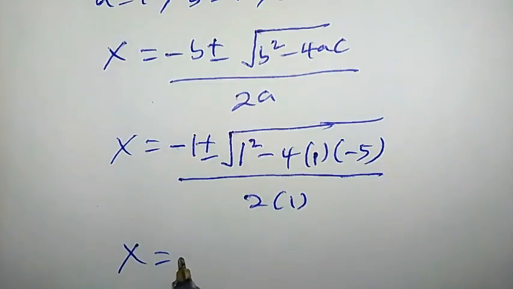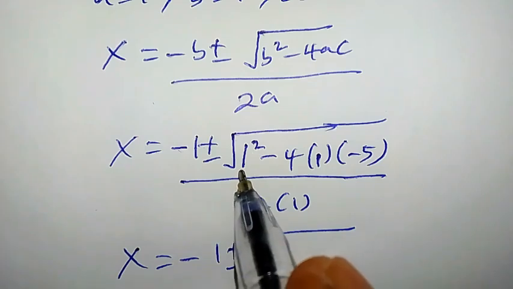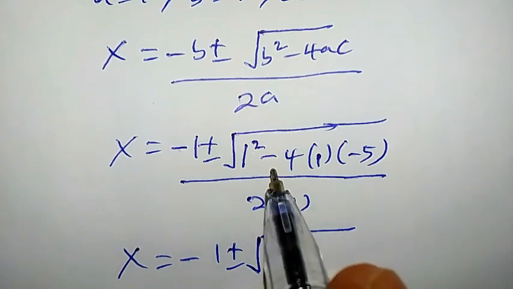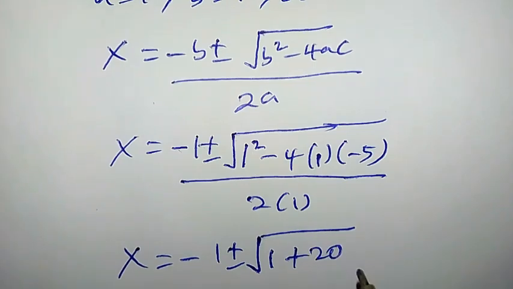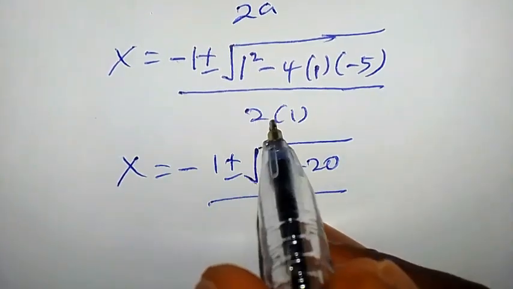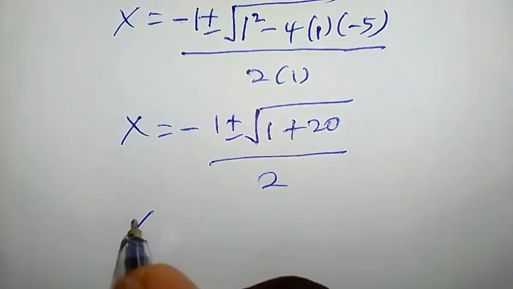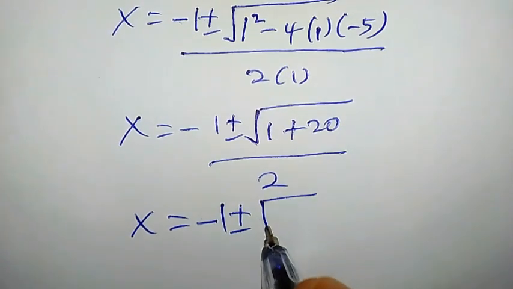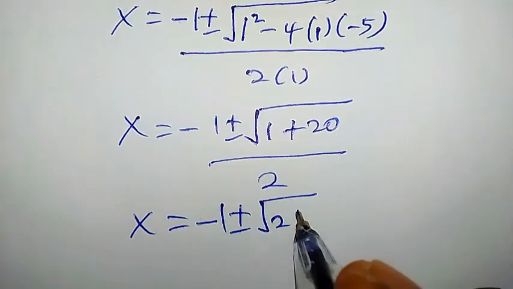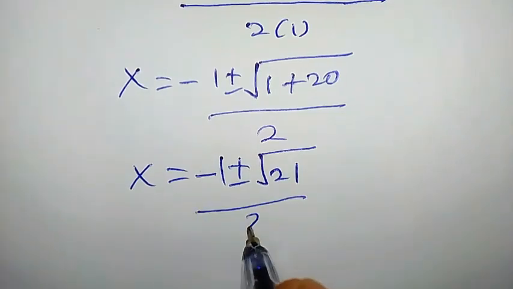X equals to negative 1 plus or minus square root of 1 to the power of 2, that is 1, minus 4 times 1 times negative 5, that is plus 20, all over 2 times 1, that is simply 2. X equals to negative 1 plus or minus square root of 1 plus 20, that is 21, all over 2.